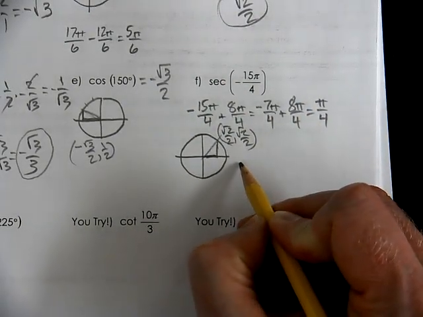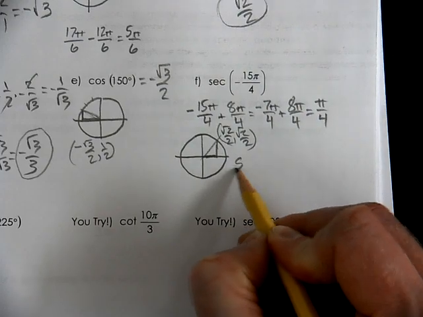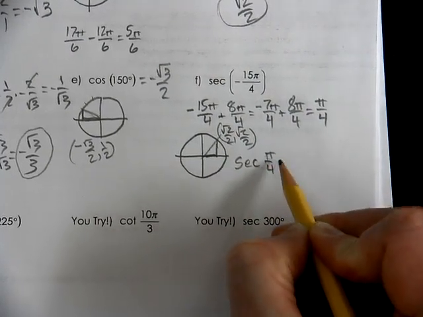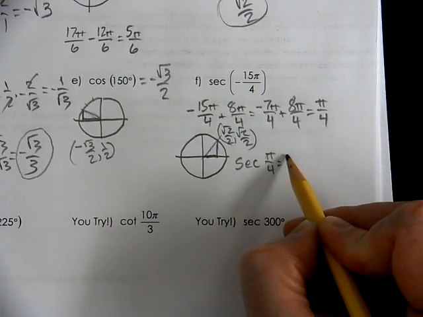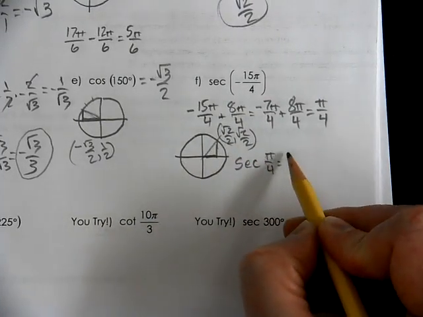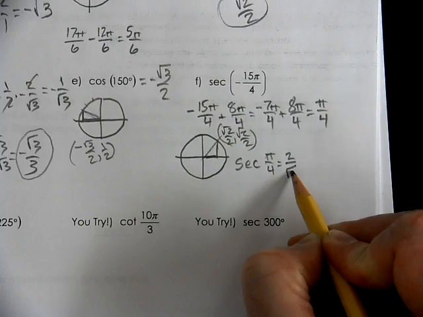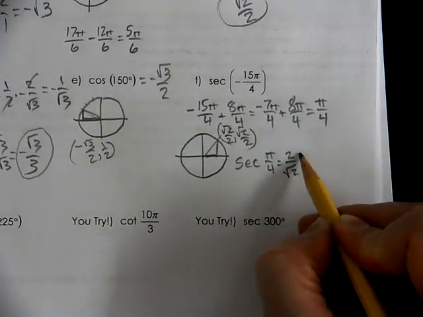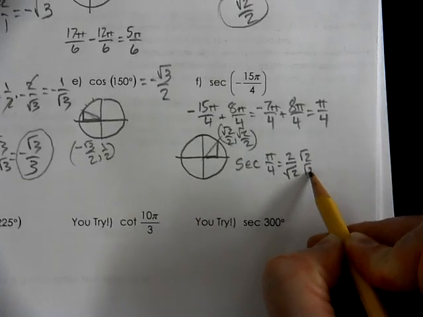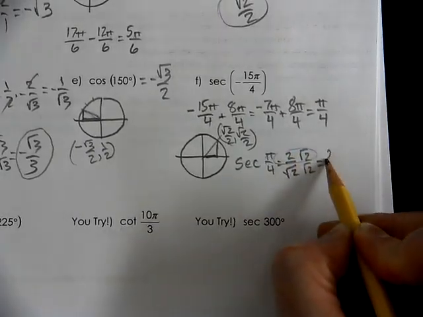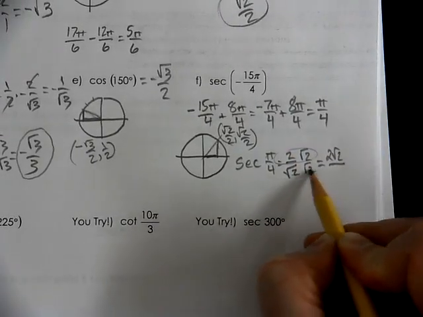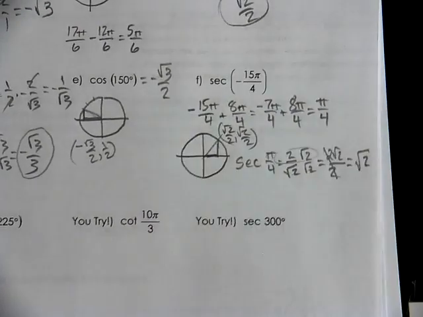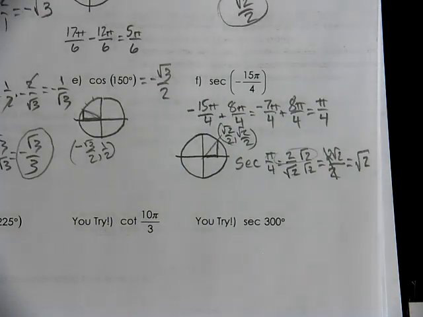So we're going to say that secant of pi over 4 equals the reciprocal of this, which is 2 over root 2. But while we're at it, we need to rationalize the denominator. And that's going to make 2 root 2 over 2. And those cross off. So we just get root 2.